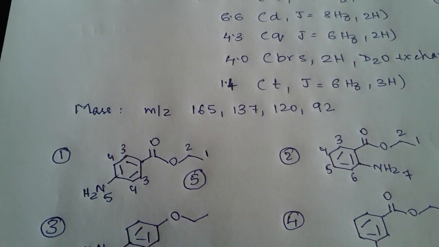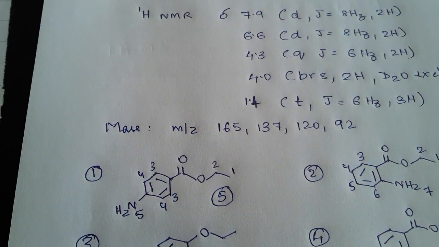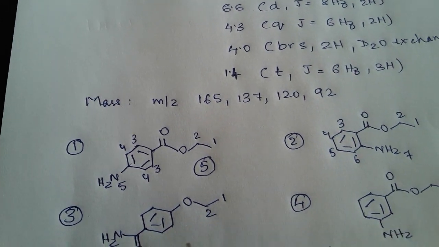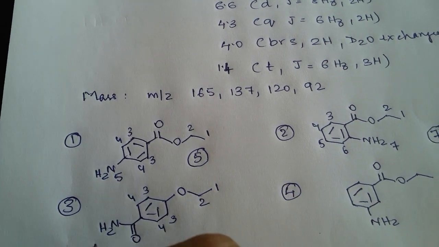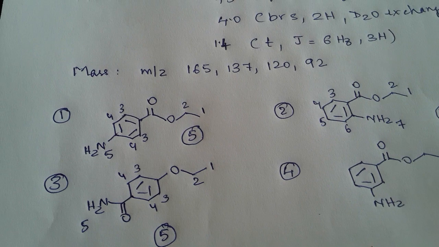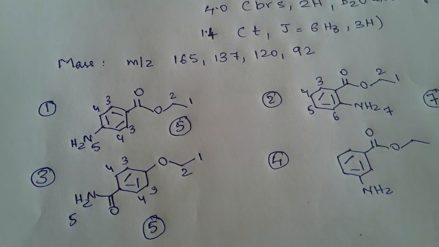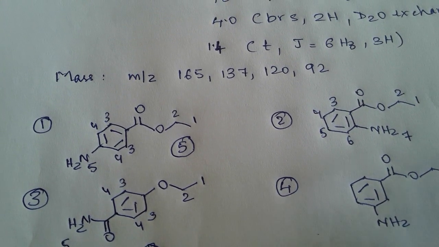Now the same procedure for choice 3: this is 1, 2, 3, 4, and 5. So choice 3 also corresponds to 5 signals. We have a complication here: there are at least 2 choices with 5 NMR signals. Let's look at choice 4 and try to rule it out.